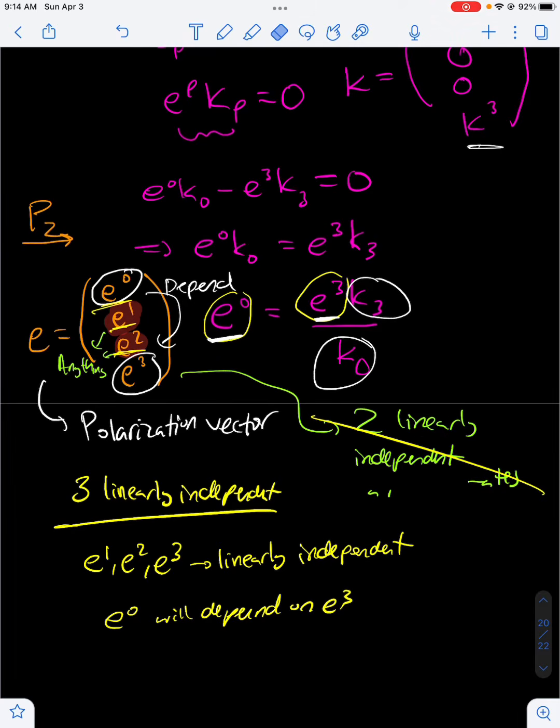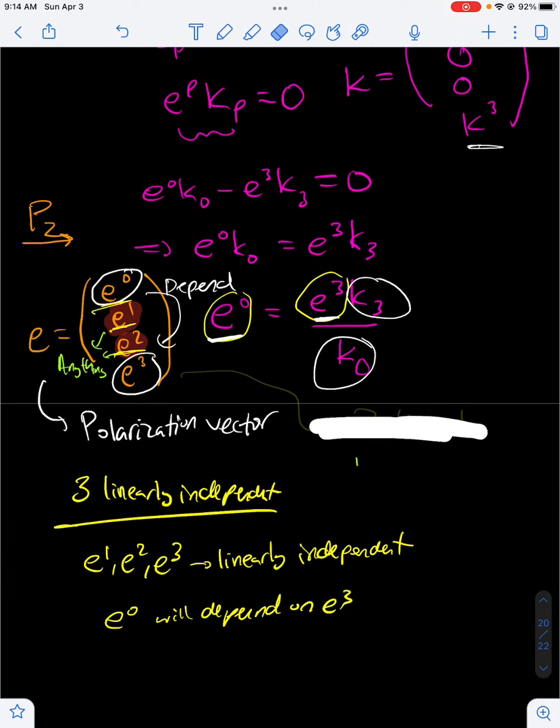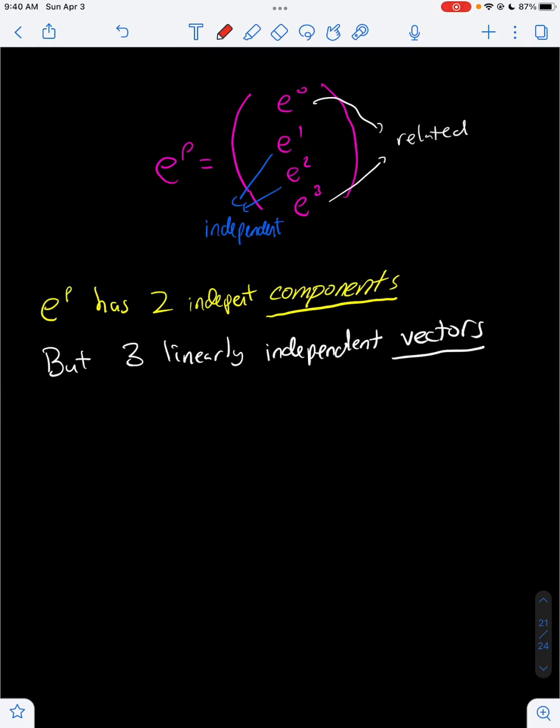So we will just say that there are three linearly independent components. It just means that physicists can choose what we want for E1, E2, and E3, and then deduce E0 from that. Well, it technically goes both ways. So this means that our polarization vector for a massive gauge field will have three linearly independent components.